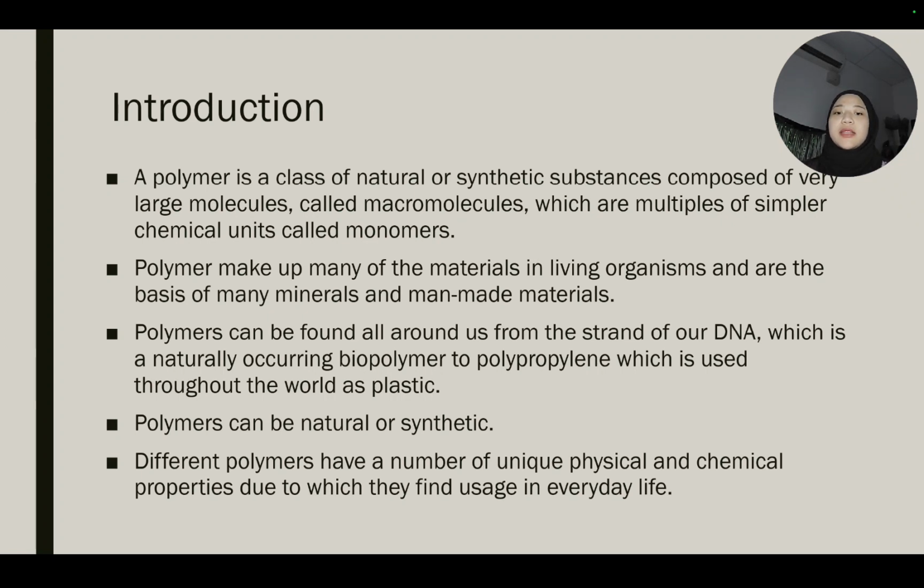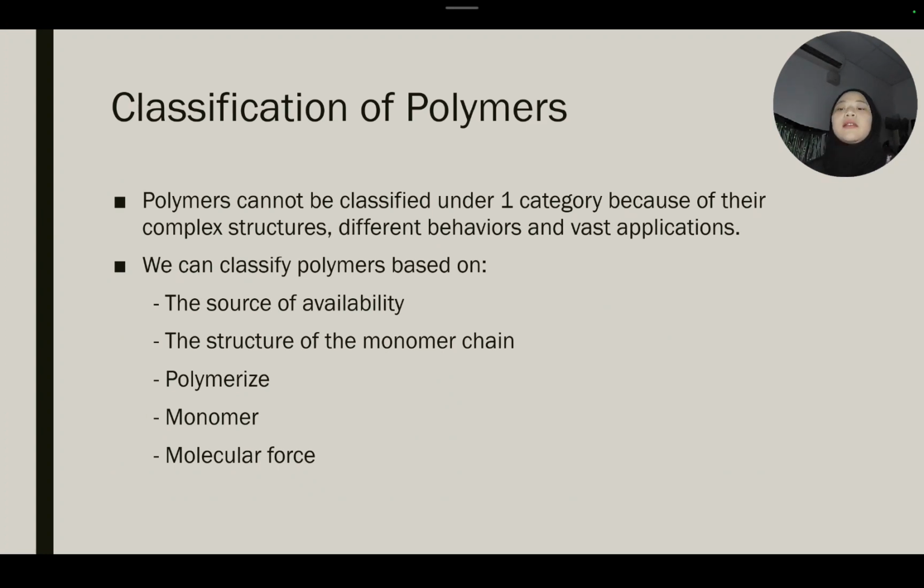Polymers can be natural or synthetic, and the different polymers have a number of unique physical and chemical properties due to which they find usage in everyday life. Classification of polymers.